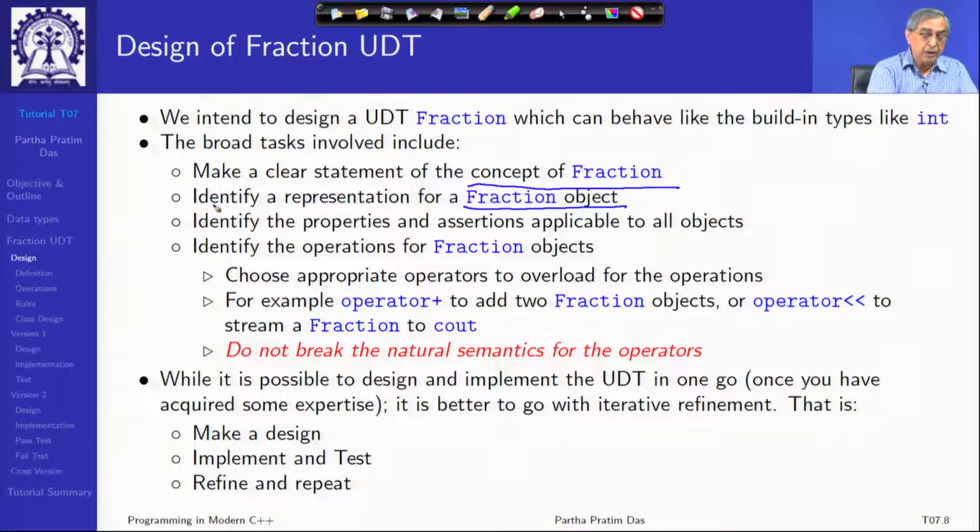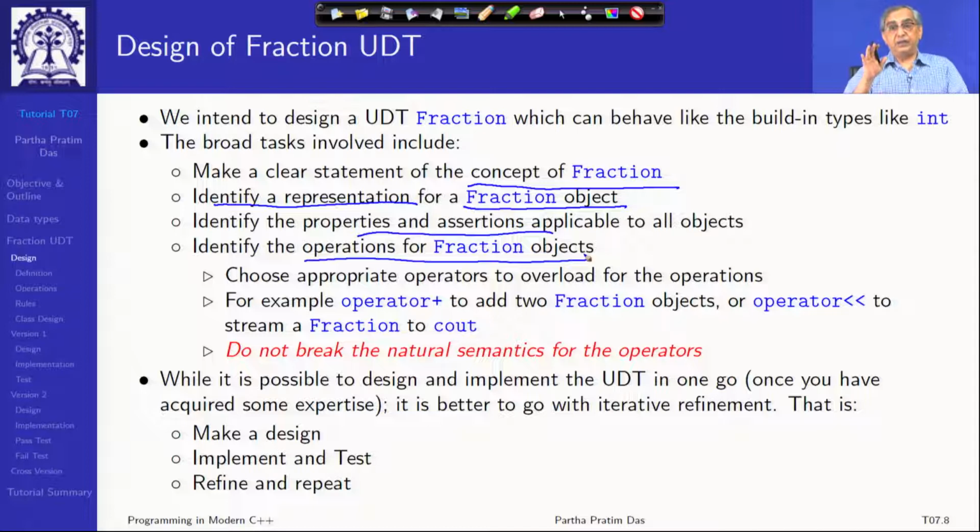So, representation is important. We have to identify the properties and assertions that are applicable for all objects. What is a valid object, what is not a valid object, and so on. And finally, we need to identify the operations for the fraction objects.